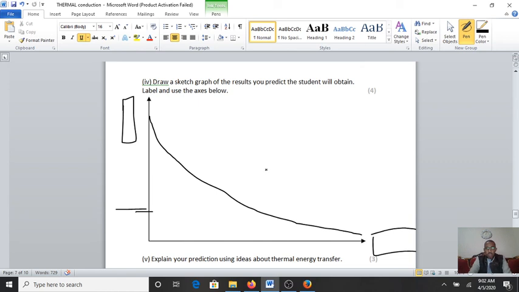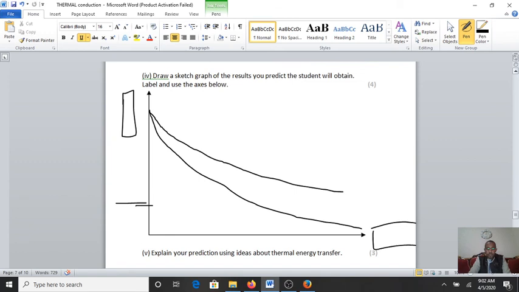And then you have to draw the cooling curves for the 2 and differentiate them. One of them cools quicker than the other. So you need to know which one is for 1 test tube, which one is for 7 test tubes.